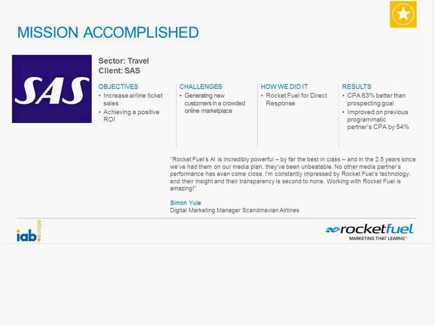But for now, I think it very much makes sense to utilise the partners out there, whether that's your agency or a managed service programmatic provider or a combination of the two. That's one of the things that we would definitely recommend right now.